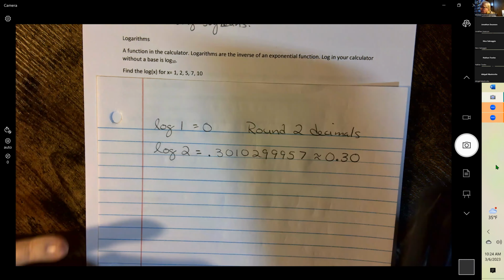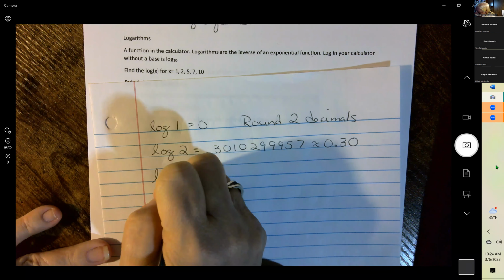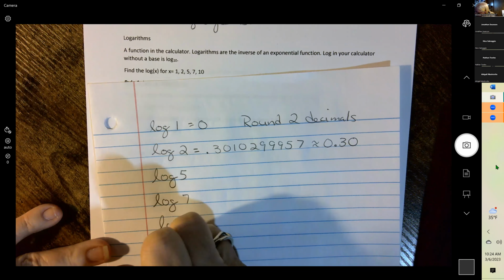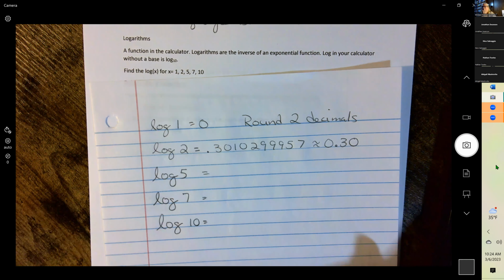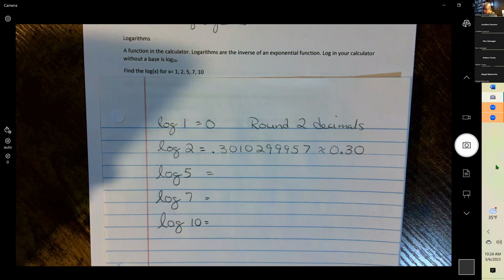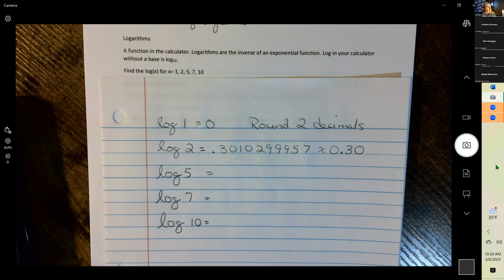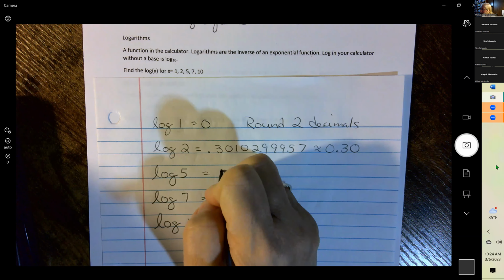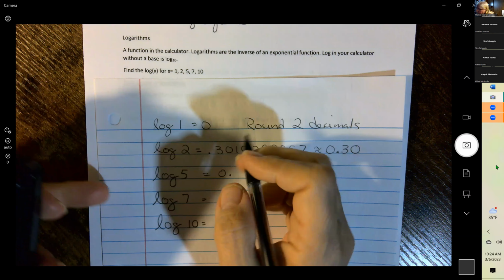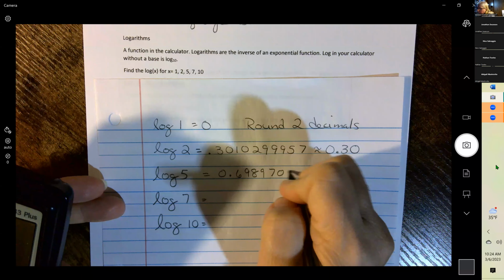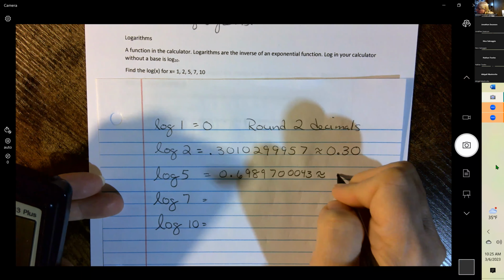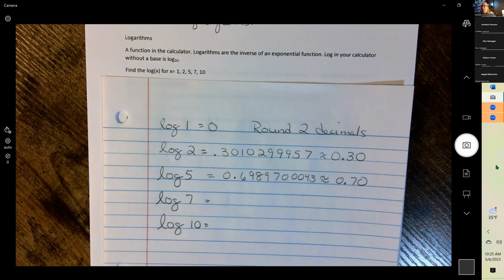Okay, find the log of 5, 7, and 10. You're getting 0.70 for 5.